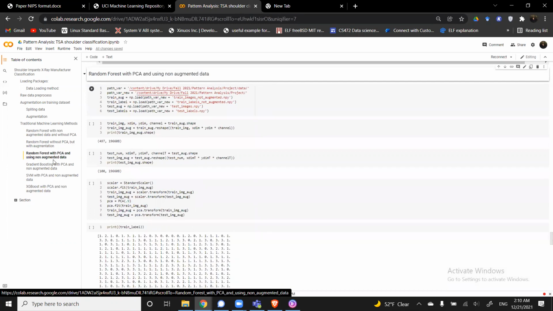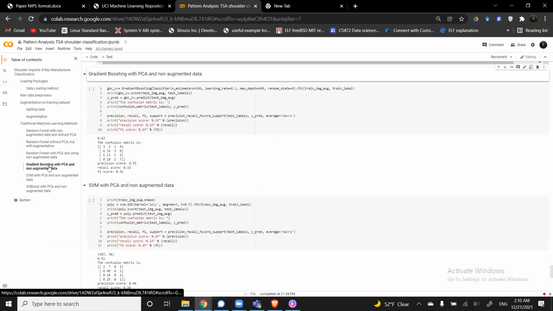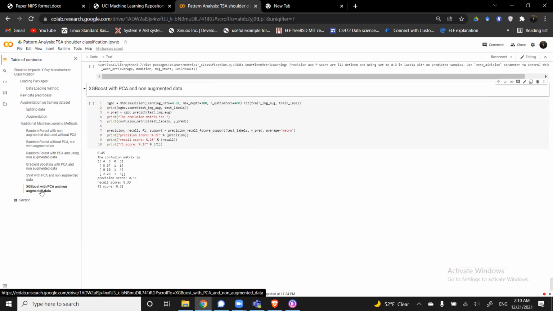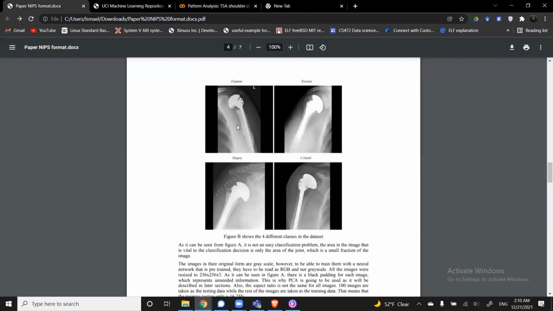Then we performed the same random forest with PCA, but without using the augmented data because the augmented data caused a problem with Google Colab. And then we performed the gradient boosting with the PCA and also not using the augmented data. And then we performed SVM and XGBoost with PCA and using the non-augmented data.